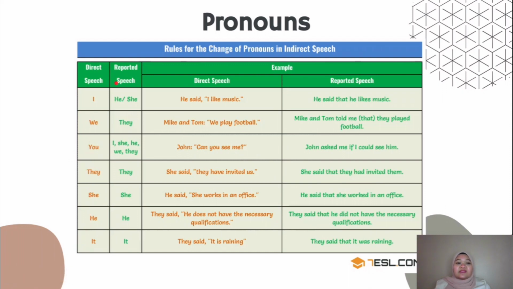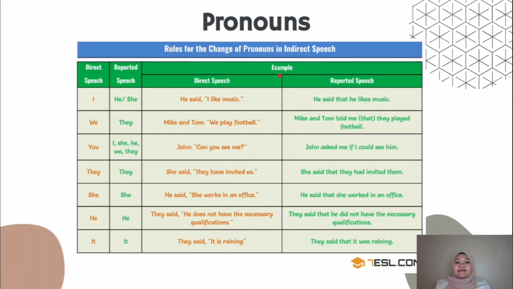However, when we change to reported speech, I will become he or she. We will become they. You will become I, she, he, we, they. They remain they, she remains she, he remains he, and it remains it, as in the previous example.